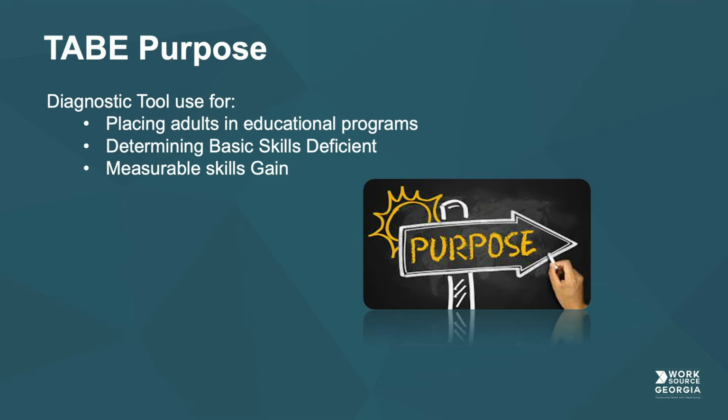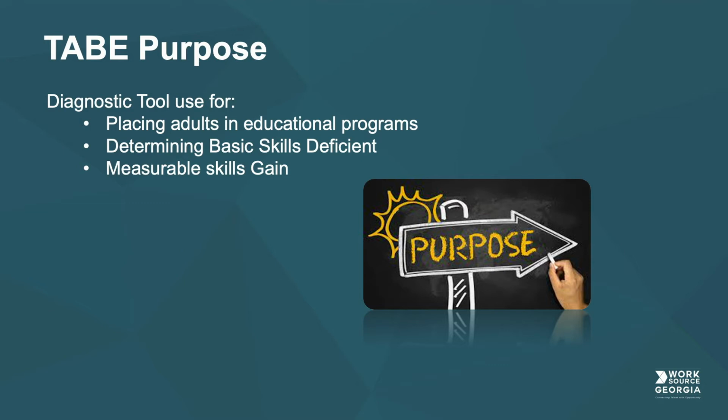Now, let's talk about how we use TABE. For WIOA Title I programs, TABE is mainly used to determine if an adult or youth is unable to compute or solve problems, read or speak English at a level necessary to function on the job, in the individual's family, or in society.